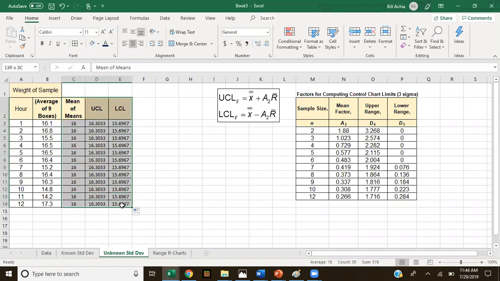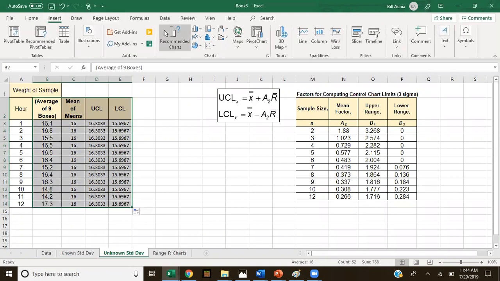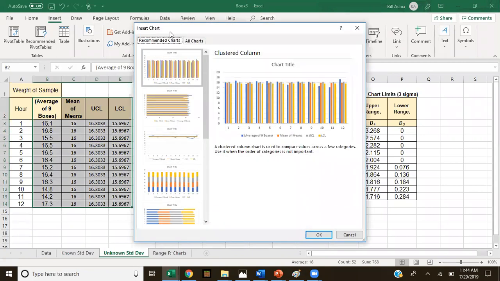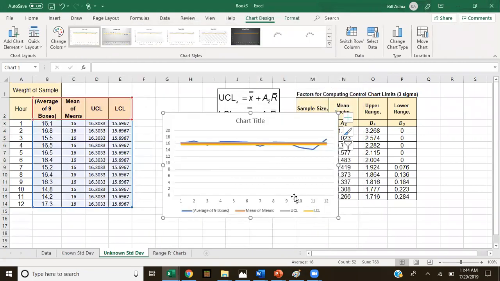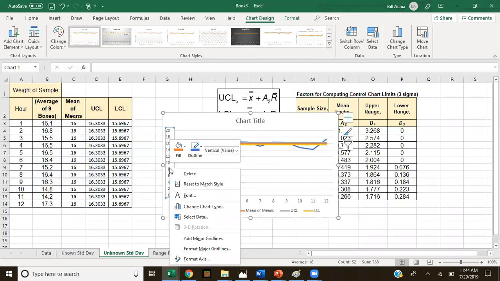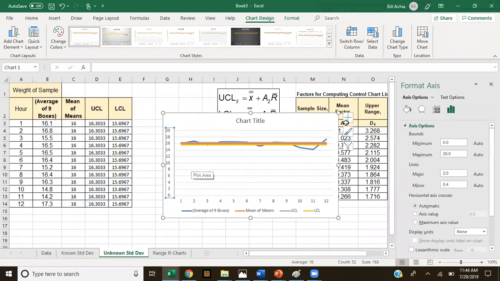With this information, we can go ahead and plot. Insert, recommended charts, and I'll get this chart here. That doesn't look too easy to see whether it's in control or not, although I can automatically see points outside of the range. So let's format the axis and put our lower bound slightly higher.